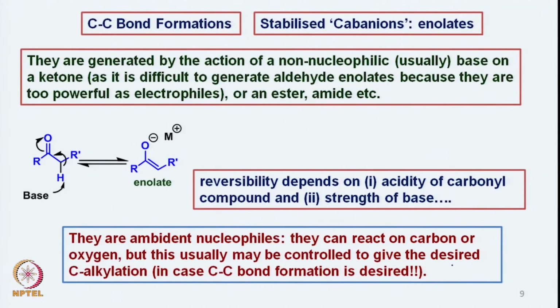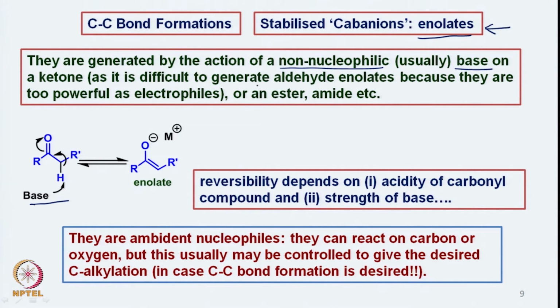Now we see how the CC bond formations can be done, and CC bond formation was initially done by generating a carbanion, which is a stabilized carbanion because it gives an enolate. So if we have a ketone and treat it with a non-nucleophilic base, we get an enolate.